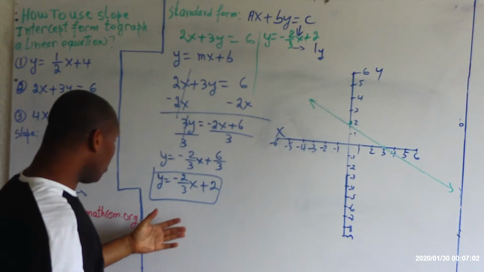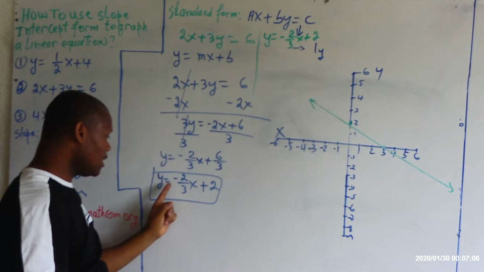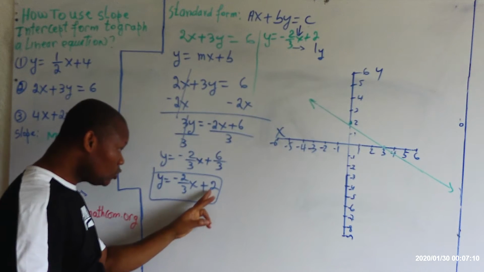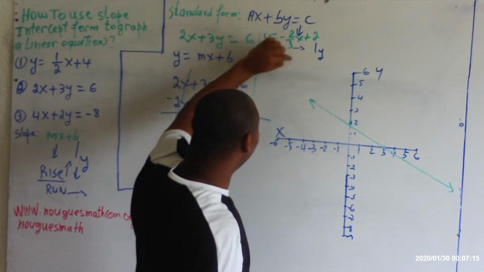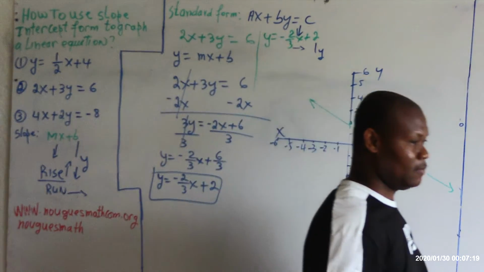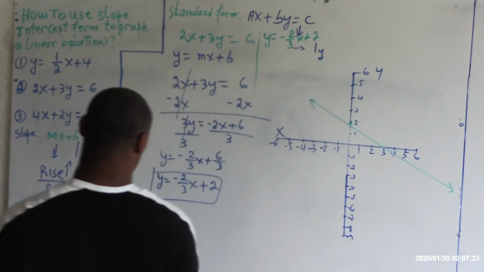So I end up in slope form, which is y equals negative 2 thirds x plus 2. 2 is the y-intercept. I modeled it for you. Negative 2 is down, 3 go to the right. Very easy, okay? It's easier than making tables.